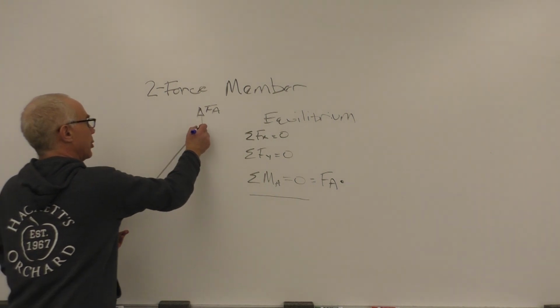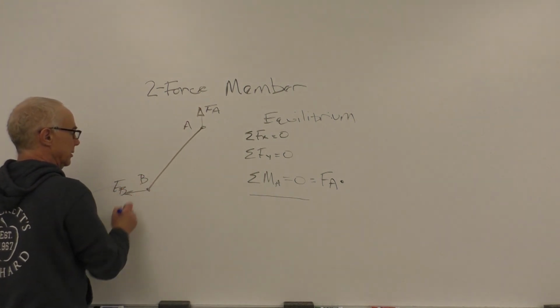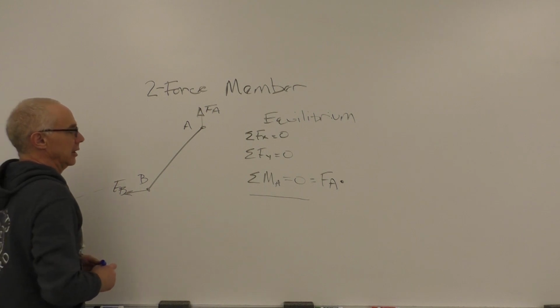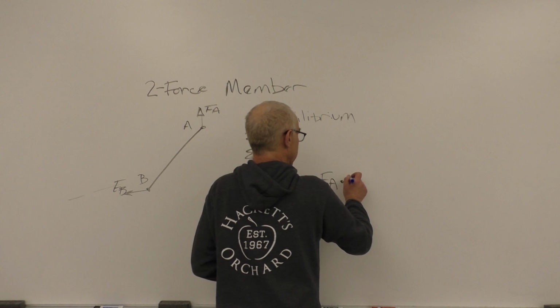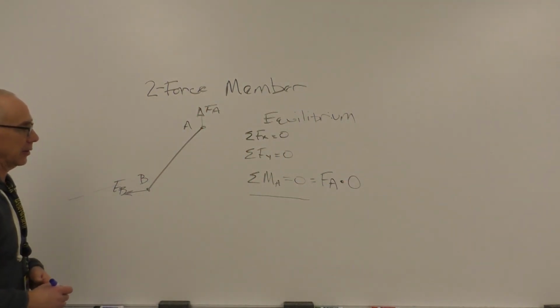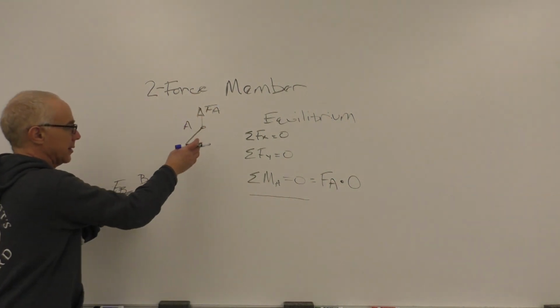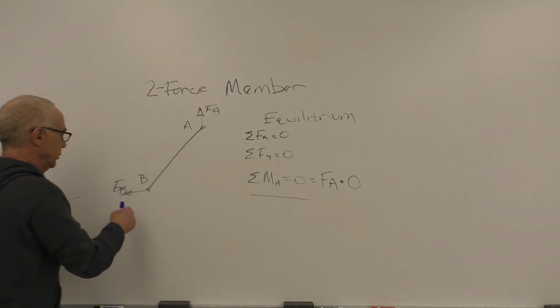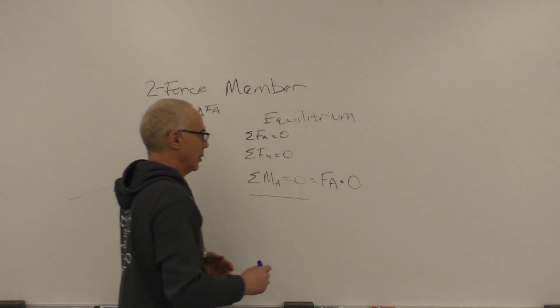If this is our point A, which is why I call that f of A, and this is our point B, and we have our f of B, I think it's obvious that there is no moment arm, so there's no contribution at this point, so we have a 0 value. Now, if that contribution is 0, and if there are only two forces applied, then the contribution at this location has to be equal to 0 as well.